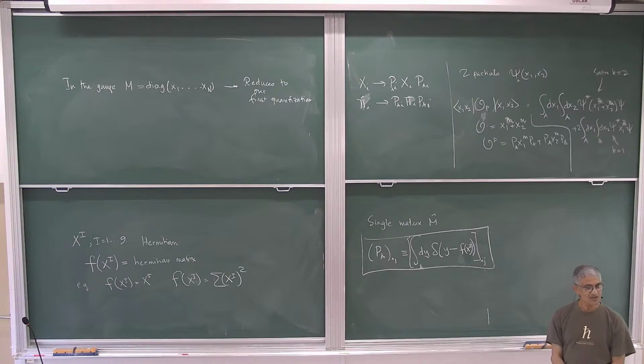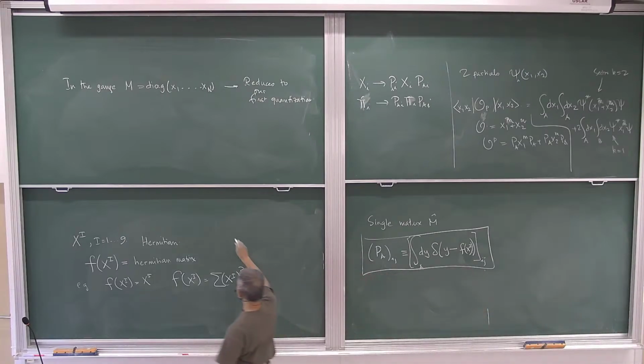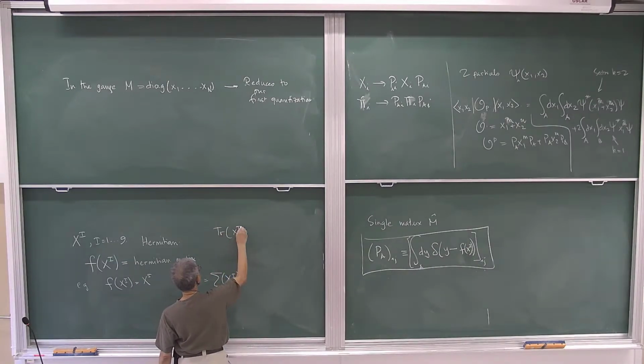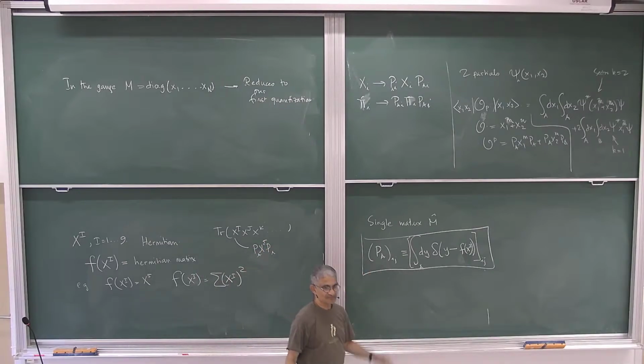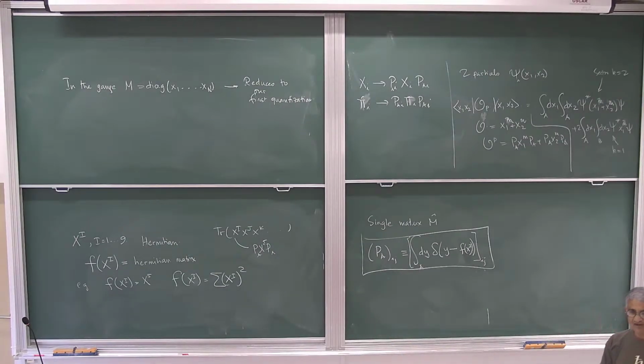But now you can see whatever I did for a single matrix can be repeated for the case of multiple matrices. You can take a string of operators, like the kind of operators which are interesting in this case, like traceless symmetric in the ij indices, and so on. And for every x, you replace it by PxP, where P is defined here. It looks a bit funny. It looks like a very trivial extension of what I did for a single matrix.